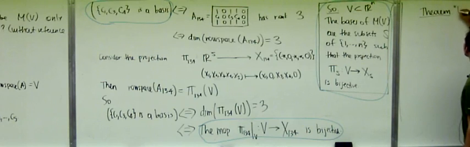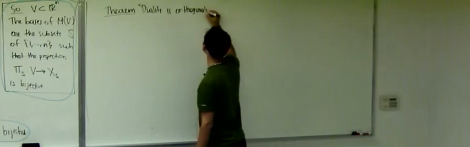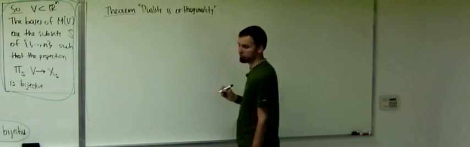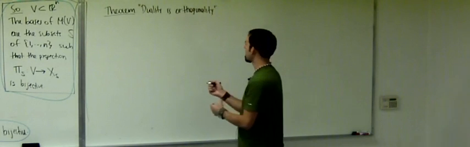The theorem basically says that duality is the same thing as orthogonality. What does this mean?